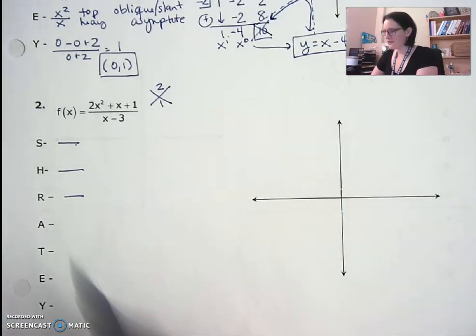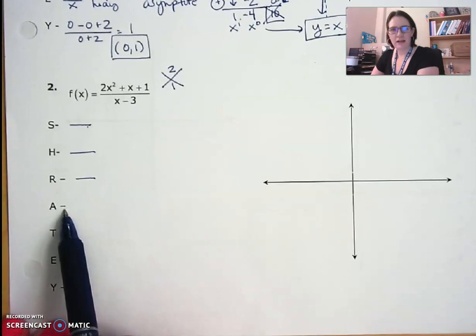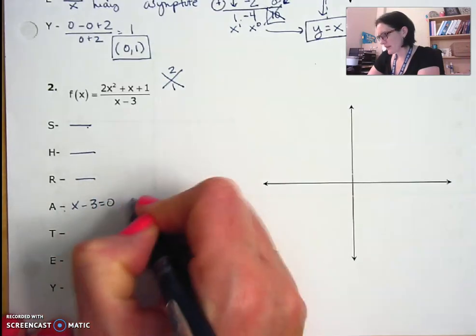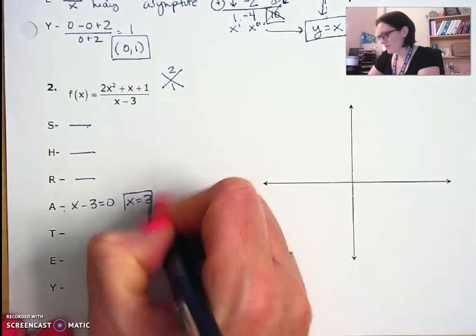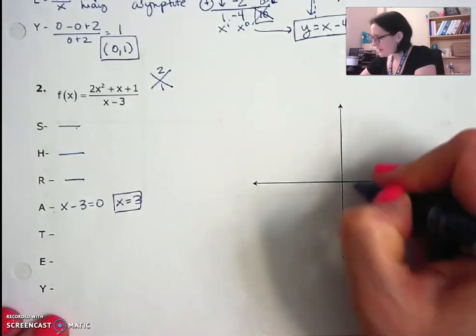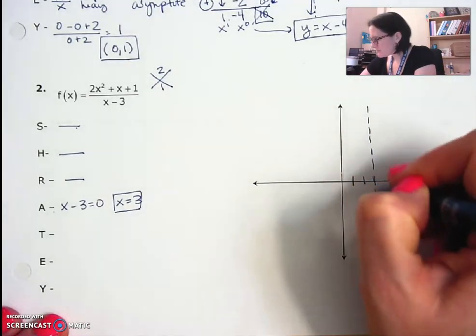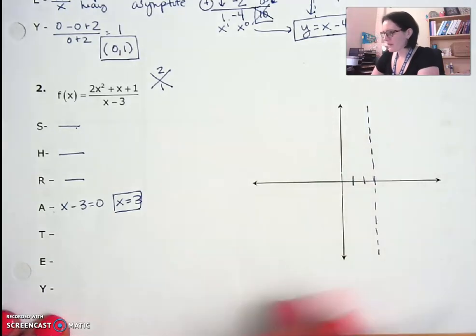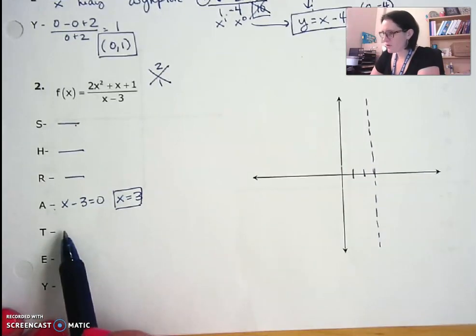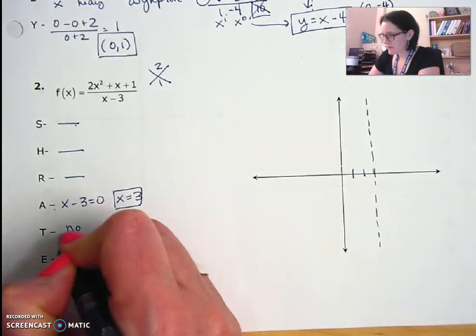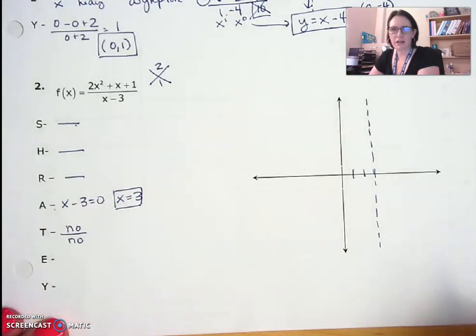All right, so the first thing we can do is our vertical asymptote. Set your denominator equal to 0 and solve. That gives me x equals 3. So I'm going to graph that. Next, I'm looking for squared factors in the numerator. There are none. And no squared factors in the denominator.